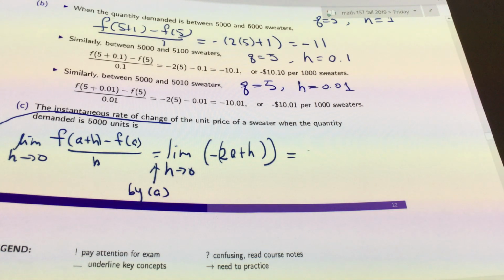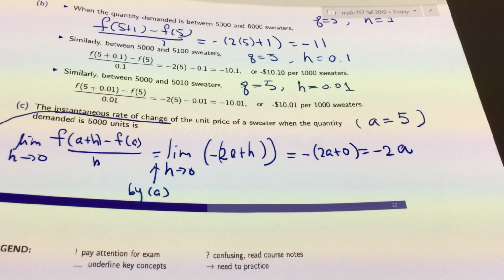So therefore, negative 2a plus 0, so it's negative 2a. That will be the instantaneous rate of change. Okay? Now I actually compute a is 5,000, so a in fact is 5. Okay? You don't have h because it's instantaneous. h will tend to 0. You only have one value. So therefore it's minus 10. Okay, that agrees with the above calculations, which approach 10.